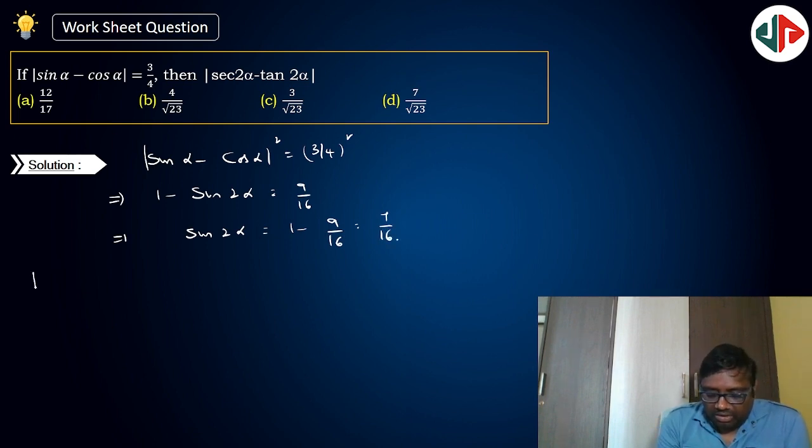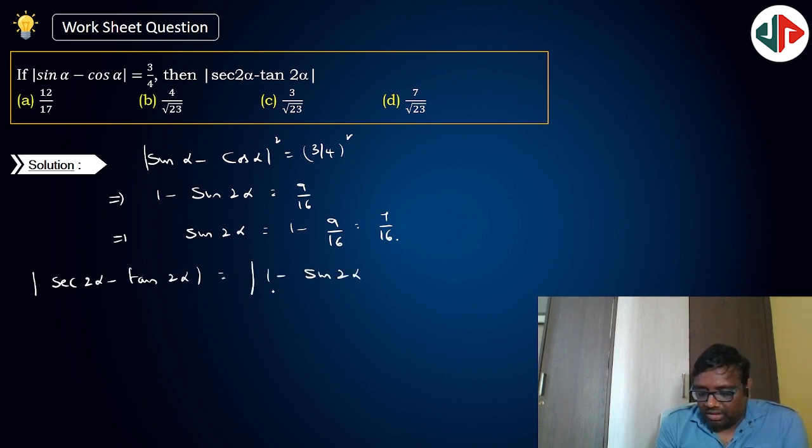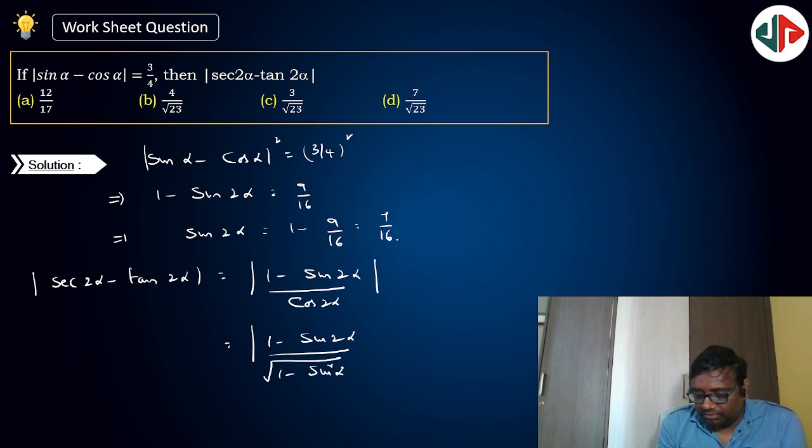Now, my question is secant of 2 alpha minus tan of 2 alpha. Can I rewrite this value as (1 minus sin 2 alpha) by cos 2 alpha? Convert everything in terms of sine. So (1 minus sin 2 alpha) by the square root of 1 minus sine square of 2 alpha.